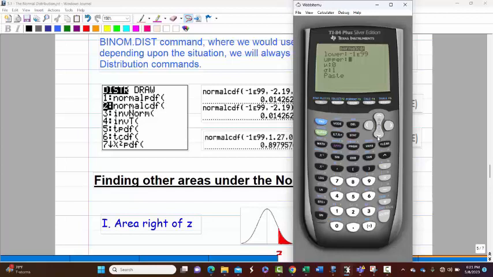Anytime you have an inequality that's less than, or interval notation, it's going from negative infinity to your number. The upper is negative 2.19. And then we want this to be 0 and 1. Later on in the next section, we'll see examples where these won't be 0 and 1, but here you want them to be 0 and 1.